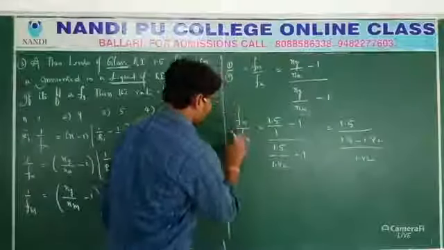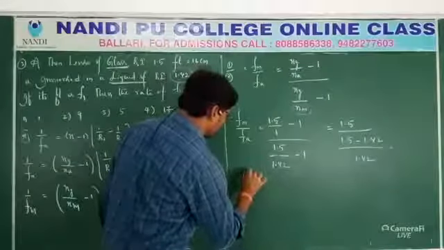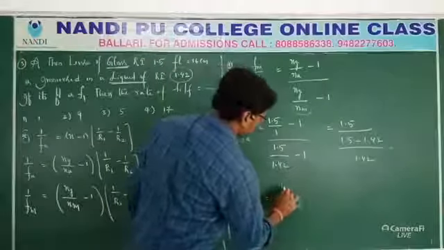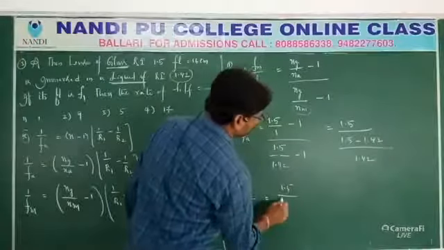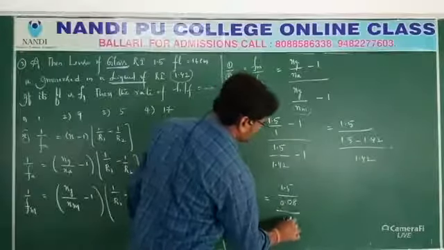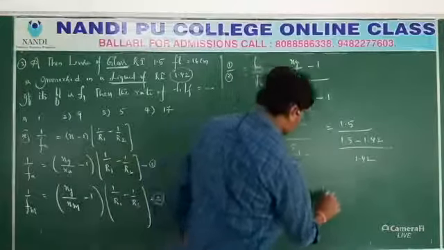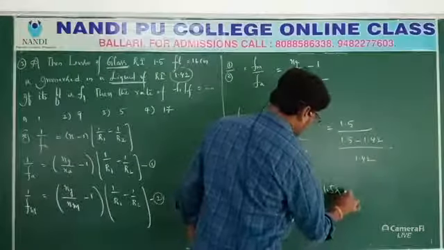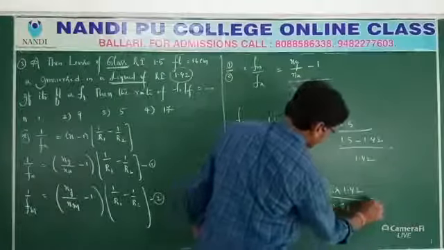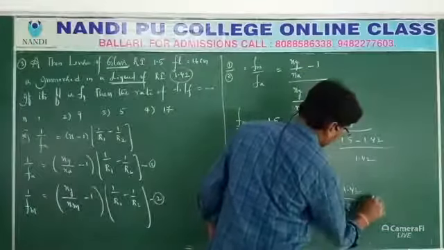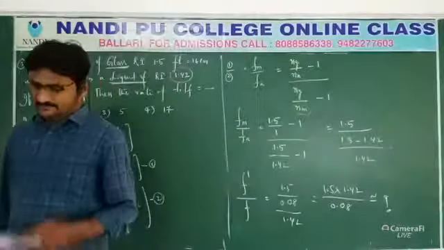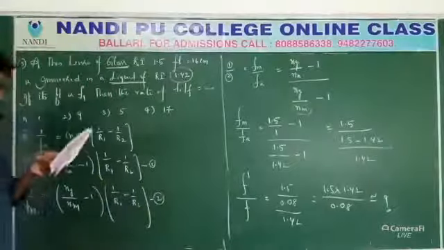Yes, Fm by Fa, Fm is liquid, F dash they have given, by F, that is equals to 1.5 by 1.5 minus 1.42, 0.08 by 1.42, that is equals to 1.5 into 1.42 by 0.08. It is approximately 9. You can check, the answer is 9.